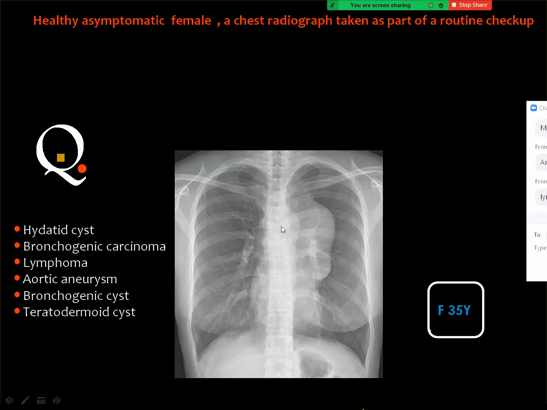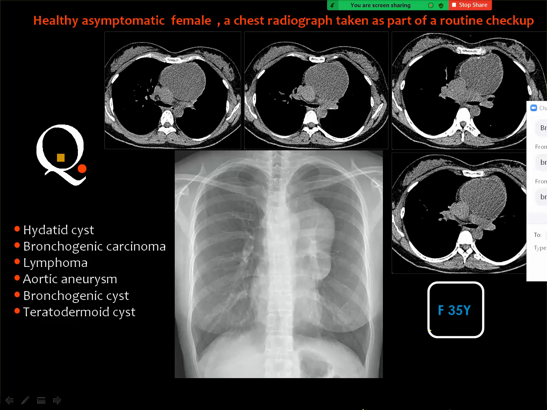Aneurysm, no. If you see the contour of the aorta, you can exclude that this lesion is originating from the aorta. Then any of the mediastinal masses can fit for this, and you need the help of CT scan. And this is the CT scan.